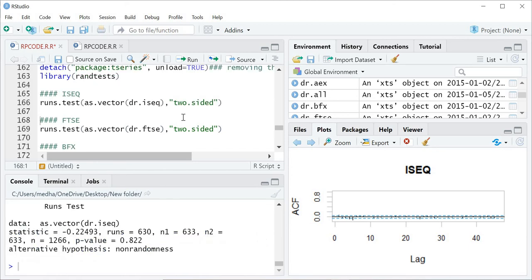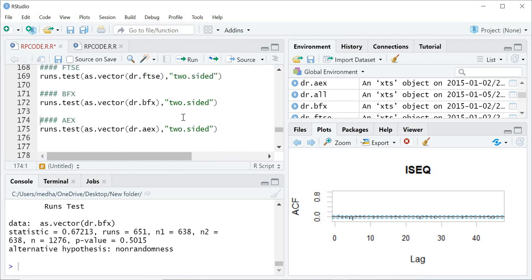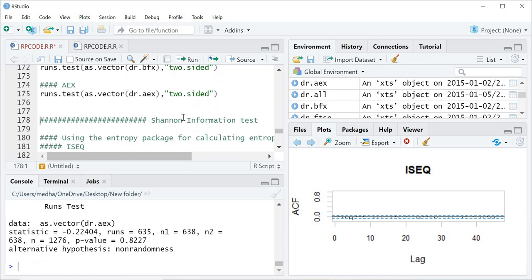So the null hypothesis is that the time series is following a random walk, and the alternative hypothesis is that it is not. The results from the run test show the p-values are all greater than the level of significance of 1%, and hence I could ascertain from the run test that all of the markets are in the weak form of efficiency.